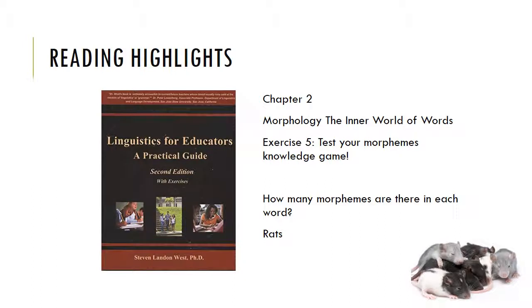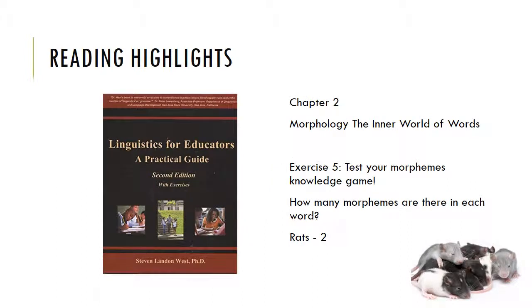How many morphemes are there in the word rats? If you guessed 2, you're right. Because you've got rat, which is one morpheme, and then you've got that letter S, which is another morpheme. And so together, we would count that as a 2 morpheme word.